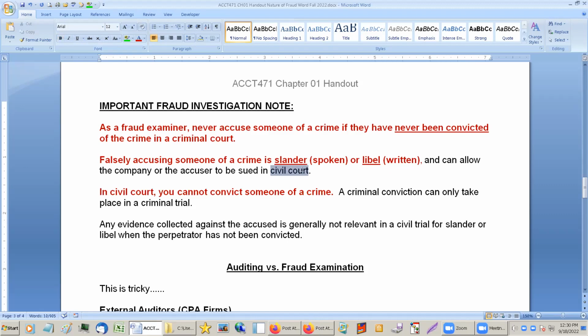This is a civil court. Slander is a civil matter. It's for compensation. So you say, well, I'll bring the evidence and I'll prove that this person did this in a civil court. You can't have a crime verdict in a civil court.